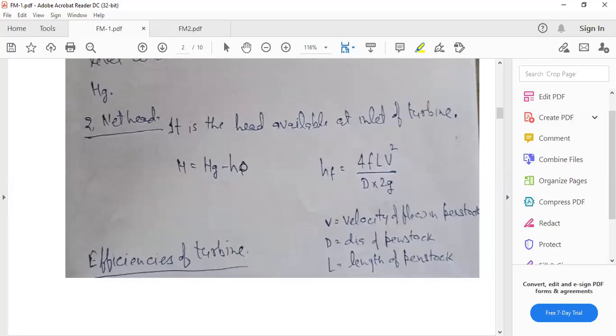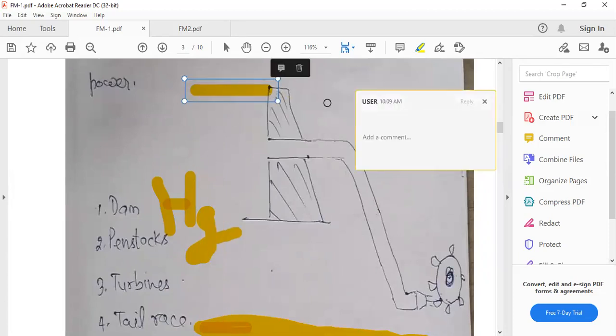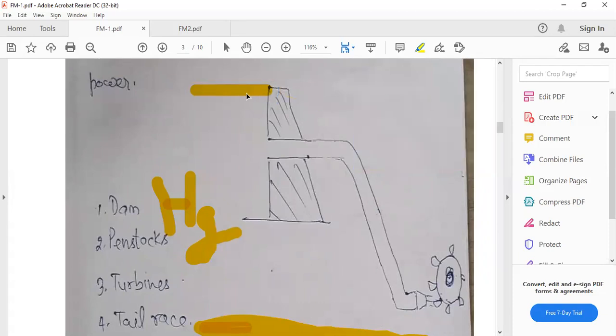This is a type of loss. So net head becomes gross head minus friction head. Friction head has a formula Hf equal to 4 FL V square upon 2G. Okay. So this is all about the heads of the turbine. Okay. These are various heads of the turbine.